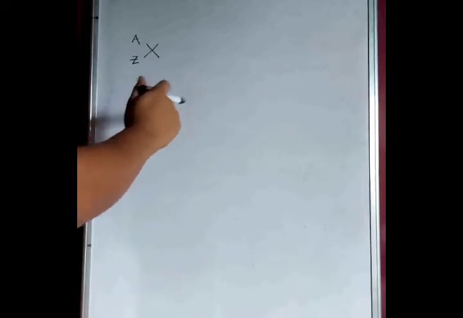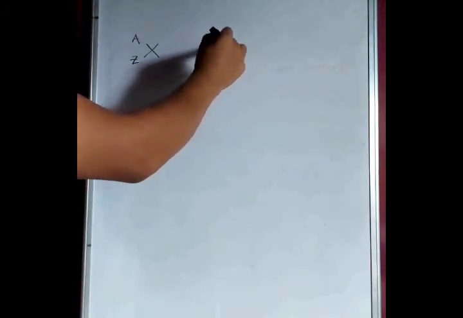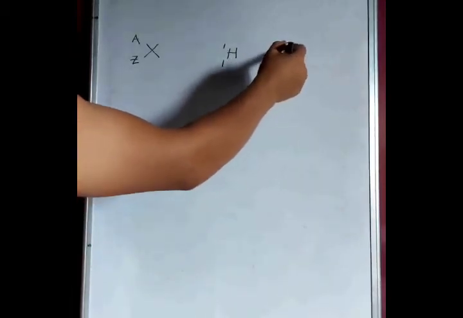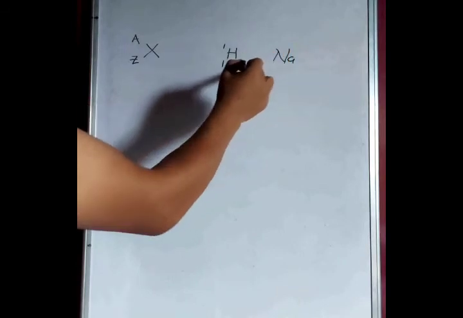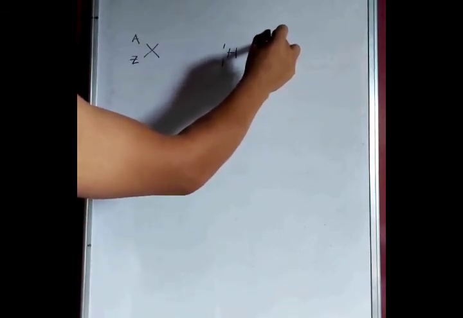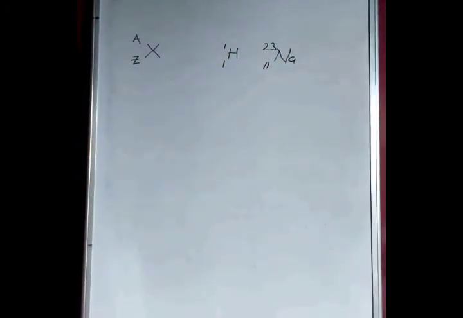For hydrogen we write 1 and 1, because the atomic number of hydrogen is 1, and the mass number is also approximately 1. For sodium, the atomic number is 11 and the mass number around 22 or 23, I think. That's how we represent it.